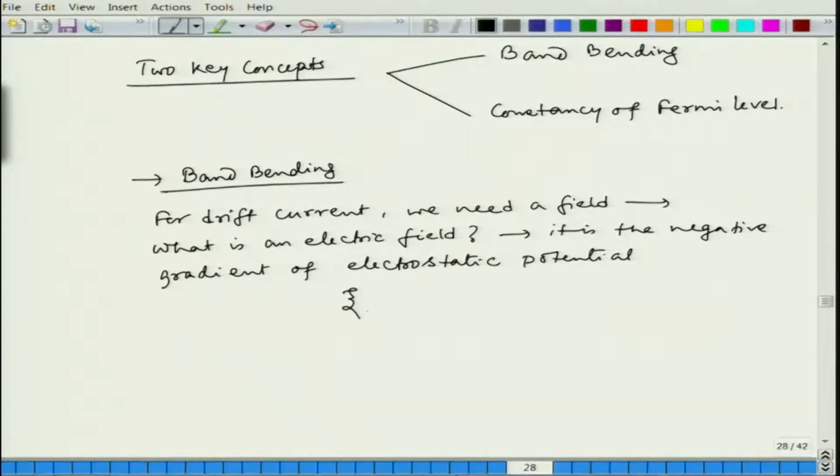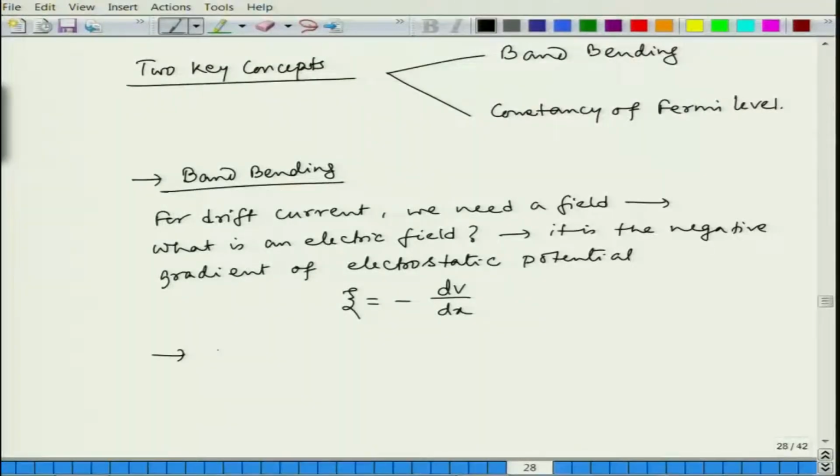So, you can write this xi as a negative gradient of electrostatic potential. Here V is the voltage or potential and x is the distance. Initially we told that the field is up to 1000 volt per centimeter, right. So, that is the unit of field, volt per centimeter. Here also we can see that it is dV dx with a negative sign.